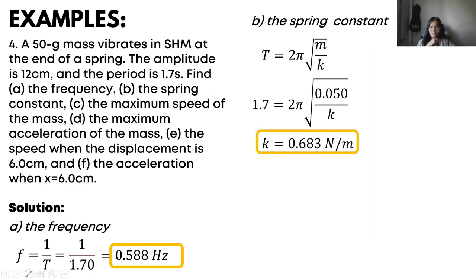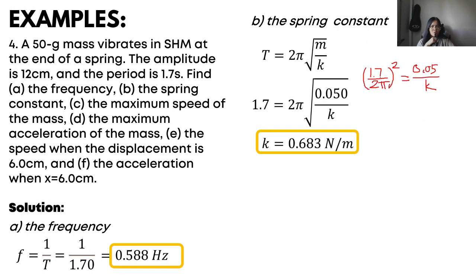Okay? Kung ayaw nyo nang nag-shift solve, ganito yan. So, 1.7 divided by 2 pi. And then, para maalis yung square root, o di squared nyo. Squared. So, matitira 0.05 over k.